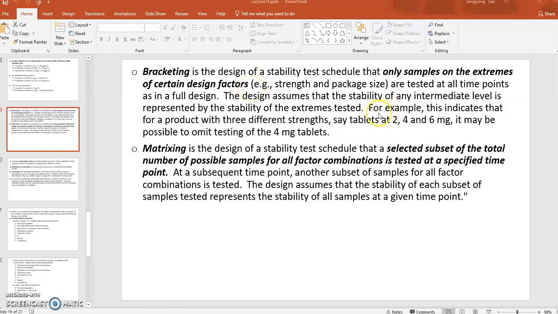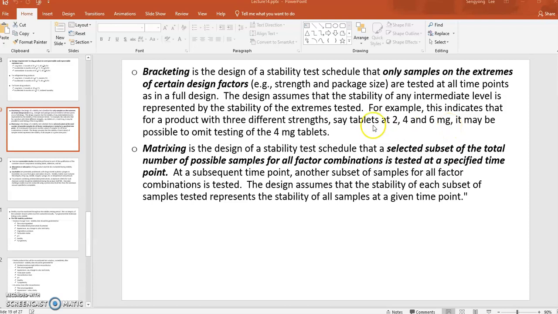Okay, so for example, let's say you have three different content strengths of the pills that you are making, or it doesn't have to be pills, it may be injectable drugs. You're making a 2 milligram, 4 milligram, 6 milligram quantity of the drug samples, and you're testing those.